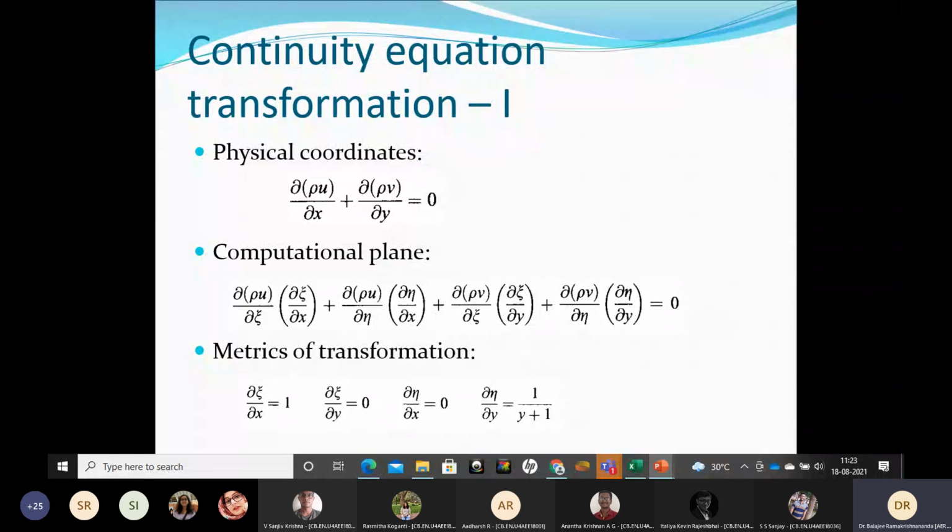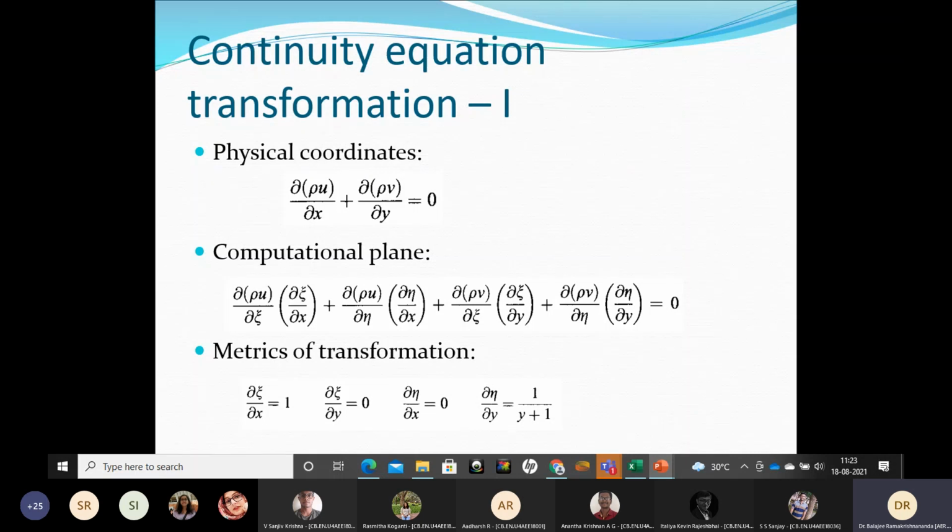The second term becomes dou of rho v by dou z into dou z by dou y plus dou of rho v by dou eta into dou eta by dou y. This is just to give you an idea. Earlier we saw that simple conversion which works for all cases, but now we are looking at a transformed grid and how to do it using some formula.